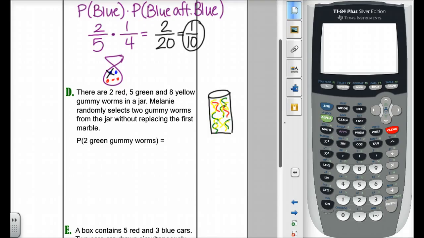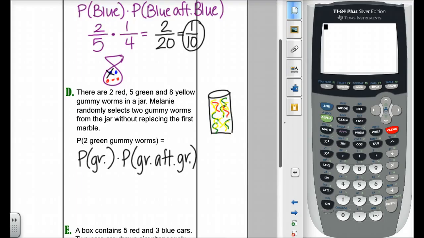Beautiful drawing, isn't it? Melanie is going to randomly select 2 gummy worms from the jar without replacing the first. She's going to eat them. So we want the probability of a green times the probability of choosing a green after she's already chosen and eaten the first green.